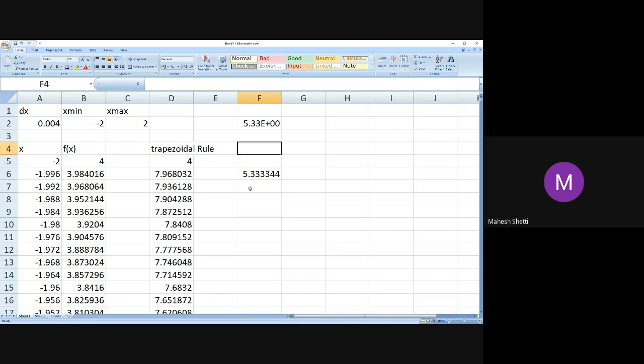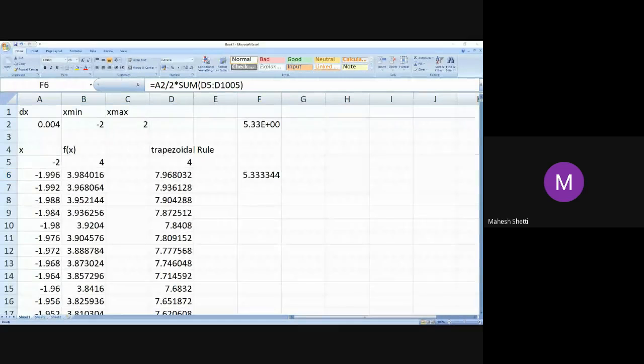Because I went from dx of 0.04 to 0.004, now the error is coming in the 5th significant digit. Earlier the error was in the 4th significant digit, 3rd decimal place. Now error is coming in the 5th decimal place.